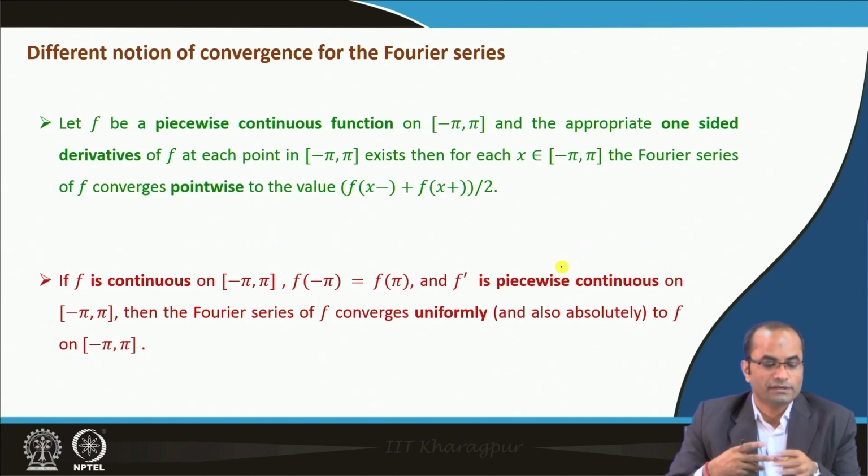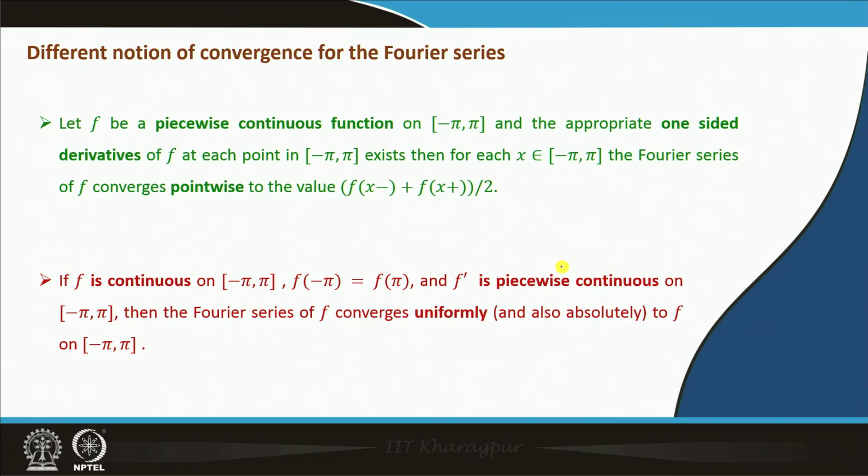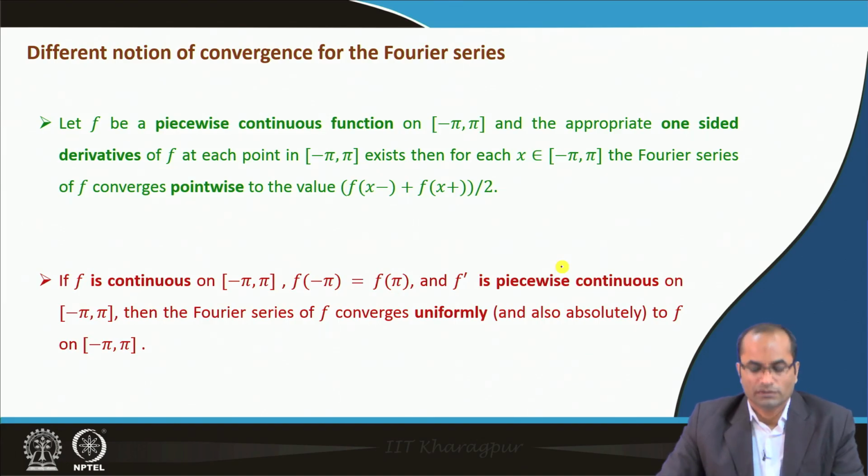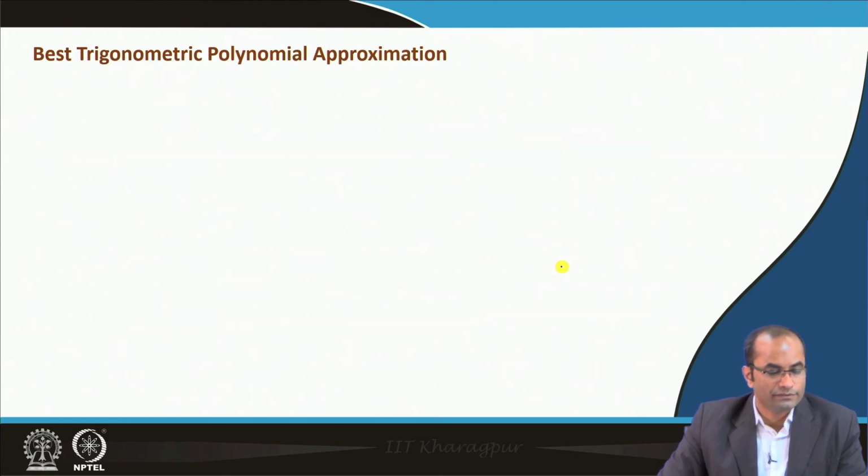In that case we have pointwise convergence, and in the third case we have imposed more conditions: f is continuous and f prime is piecewise continuous, and in that case we have uniform convergence, the stronger convergence on f.